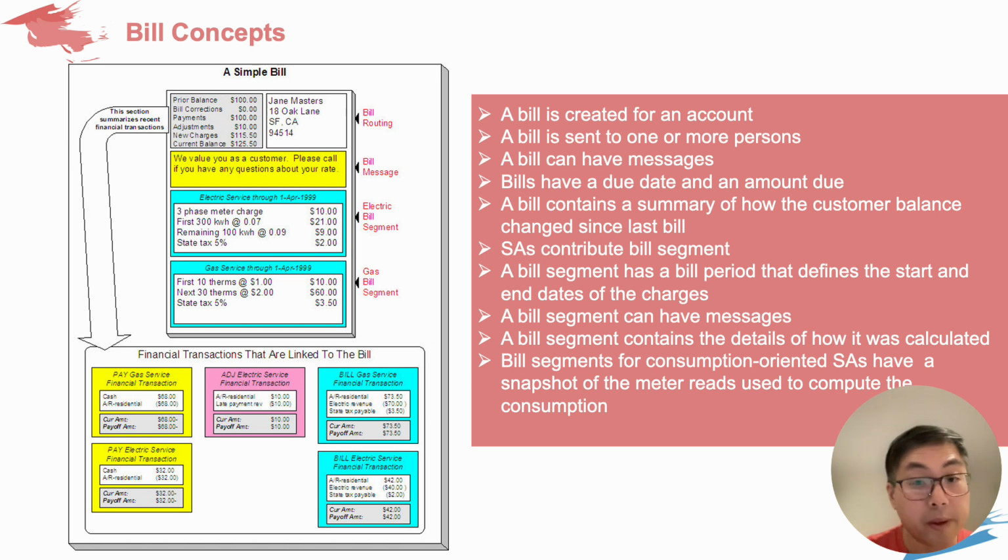You can configure them. But in addition to the main customer, you could also have, let's say, a TPI. If the customer is represented by a TPI, the TPI could actually pay the bill on behalf of the customer.